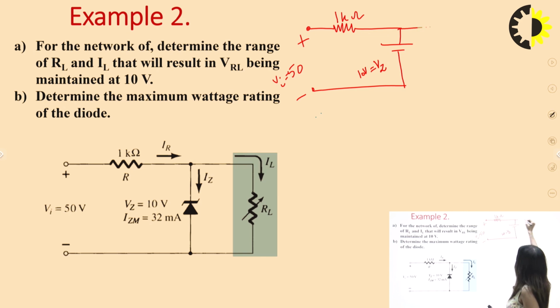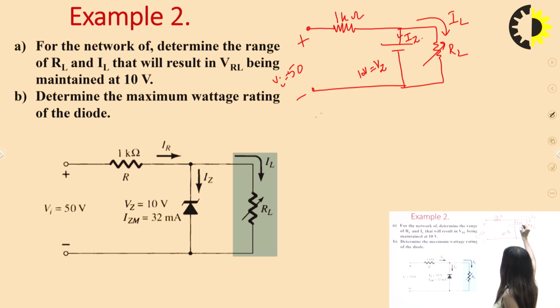The RL is variable. In this, the current IL flows, and you can assume the current IZ. IZ maximum is also given in this numerical, that is 32 milliampere.